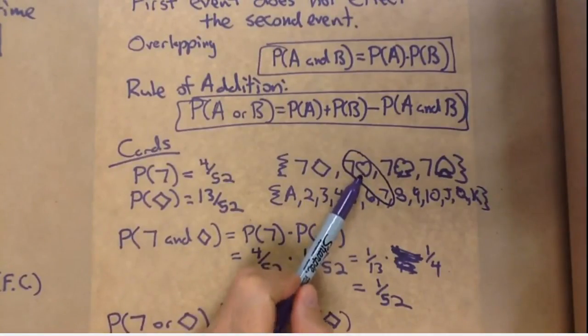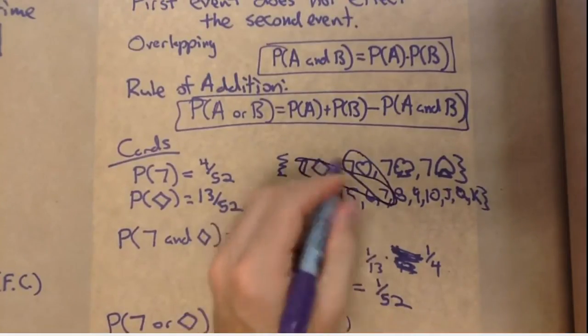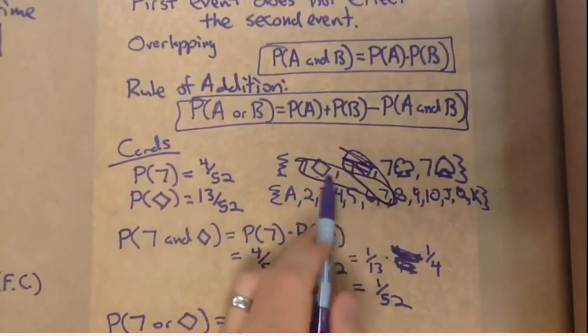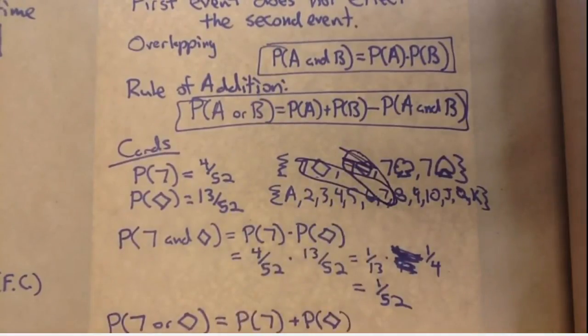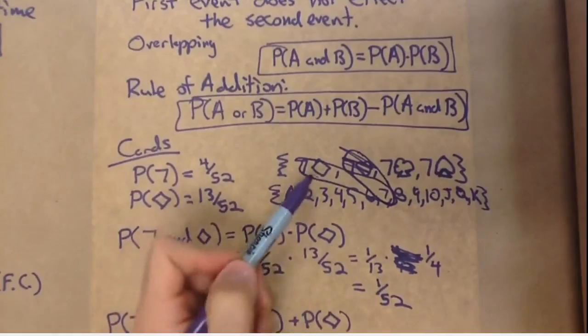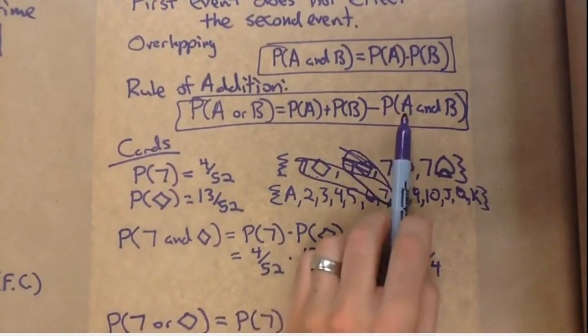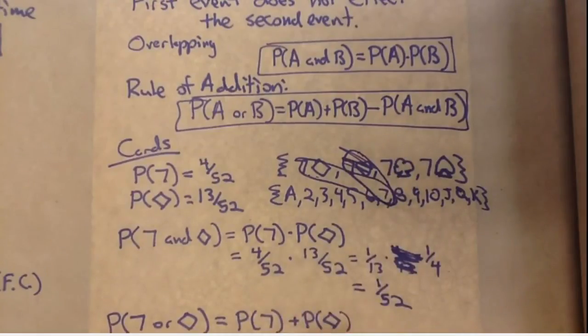This is the 7 of diamonds. They are the exact same. This shows up in both of them. This is an overlap. And the issue is, if I count 4 and 13 and say 17, I'm actually counting this one twice. So this is where, in our rule up here, we have to subtract the and.